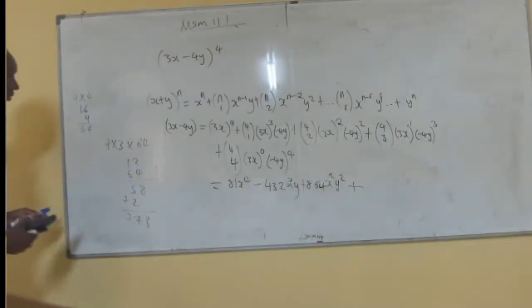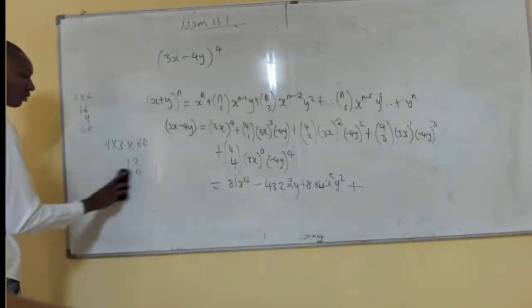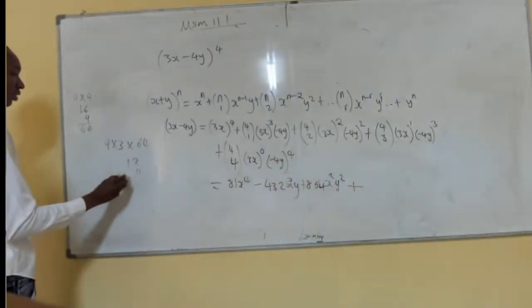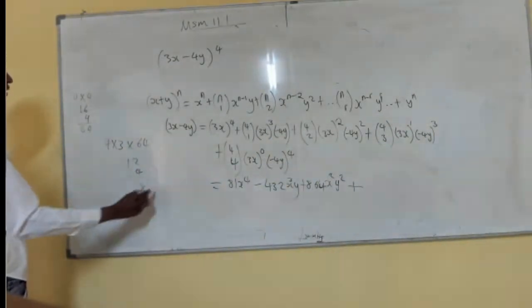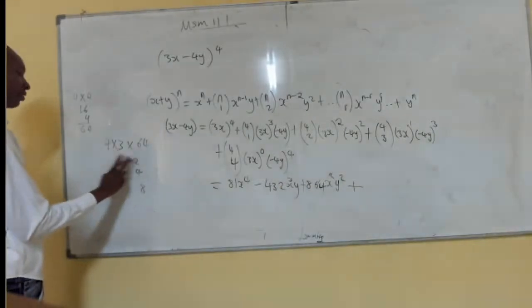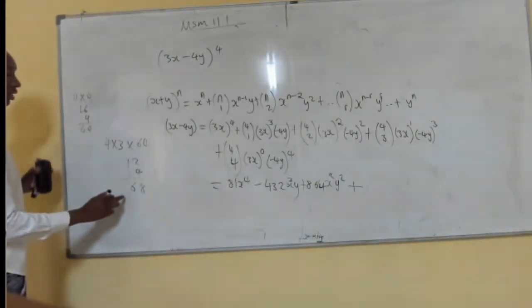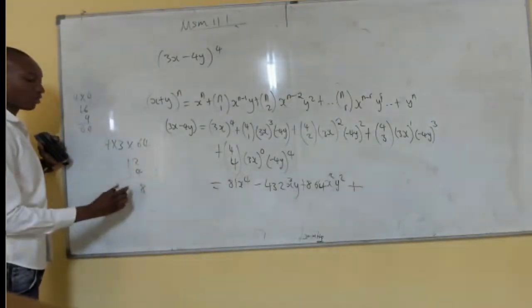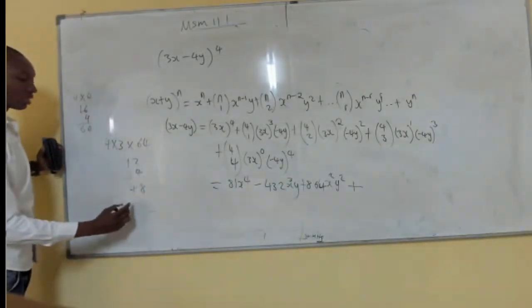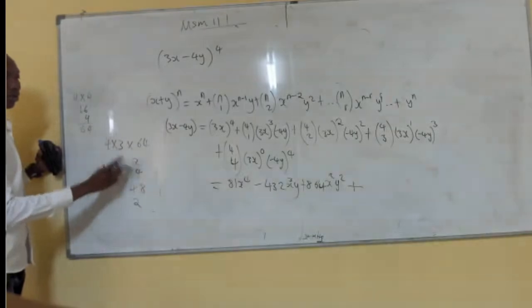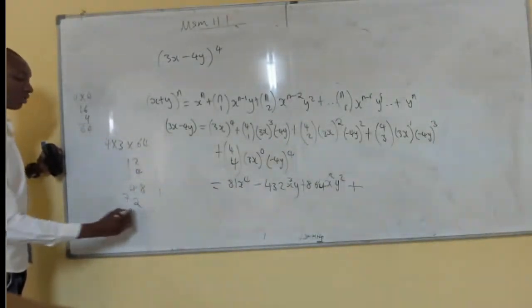Okay, so let's work it out. 6 times this is 12, 2 carry 1. 6 times 1 is 6, plus 1, 7.